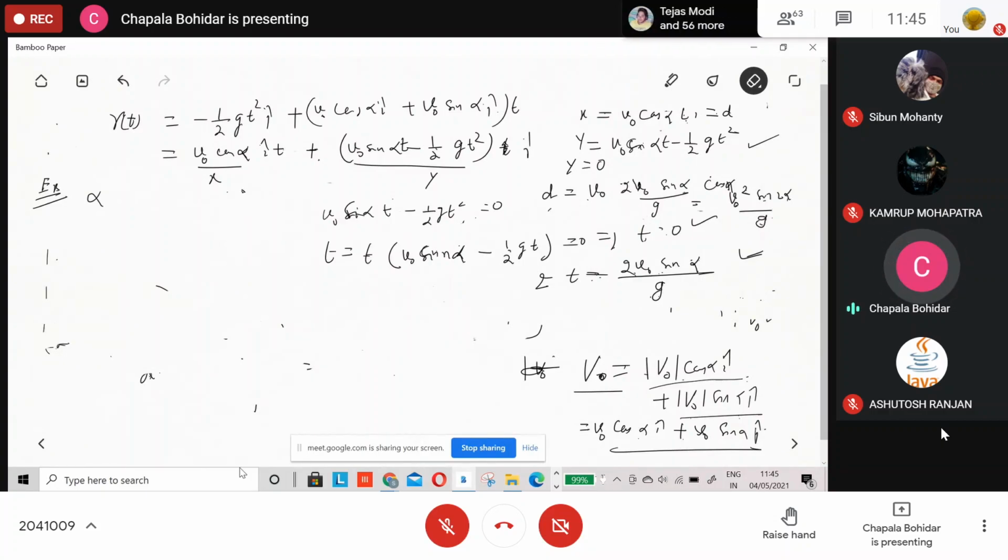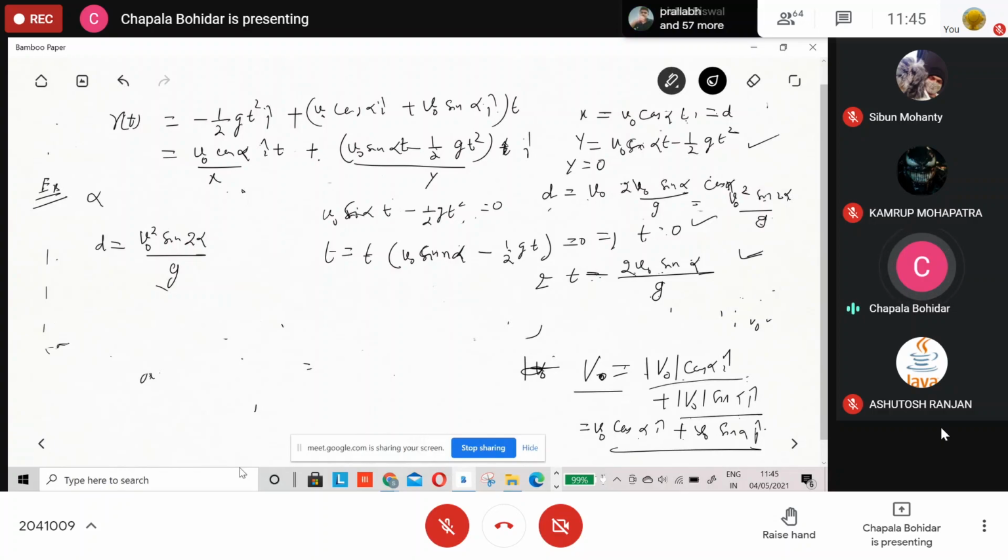So now we get d is equal to v0 square sine 2 alpha by g.